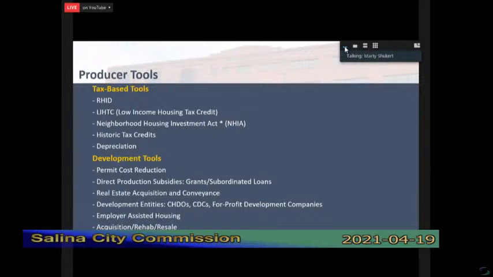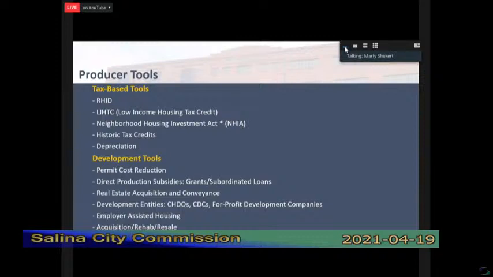Development entities, which are nonprofit agencies that can attract charitable funding and equity investment, have a special allocation of funds to them for development.